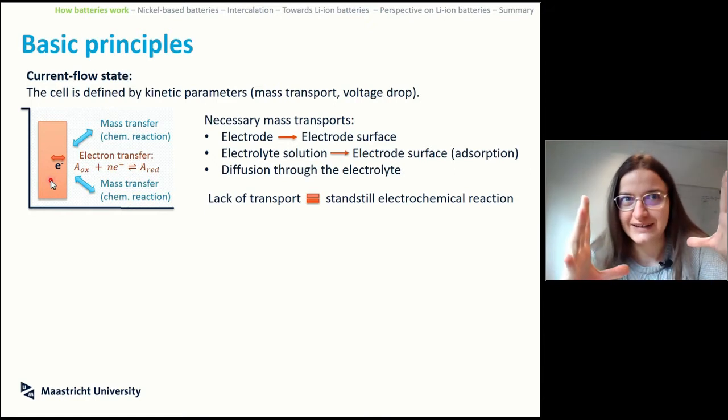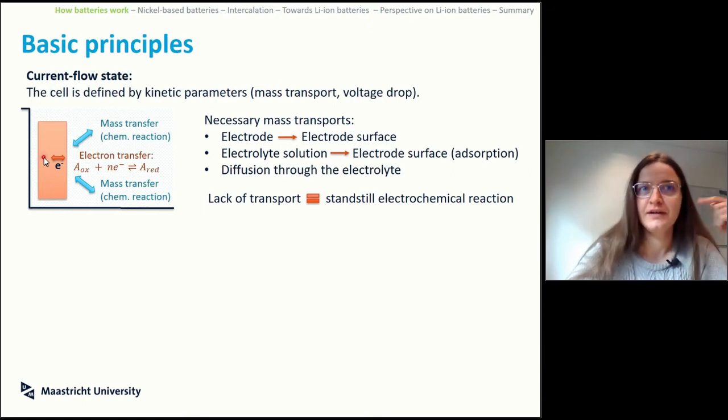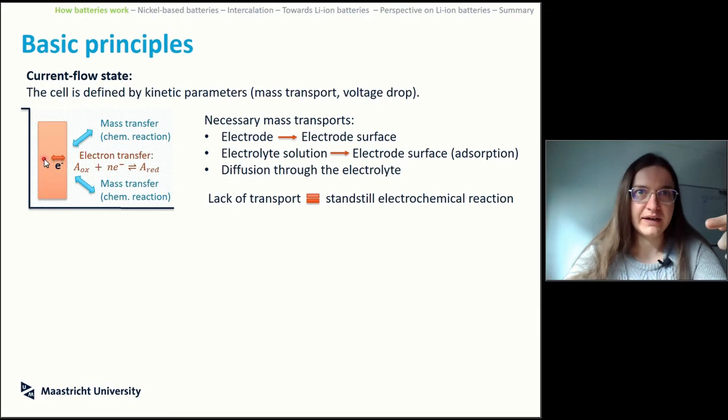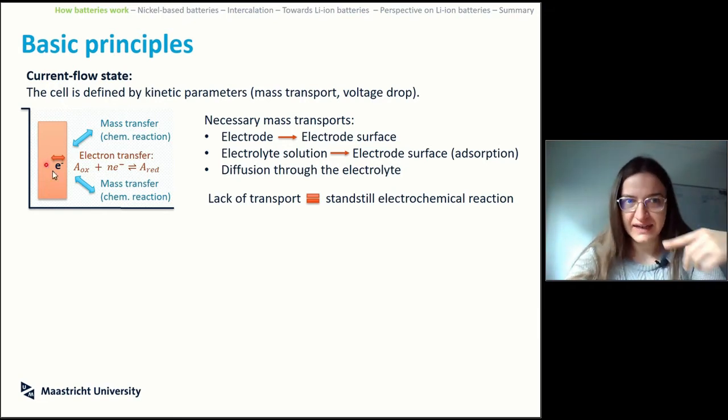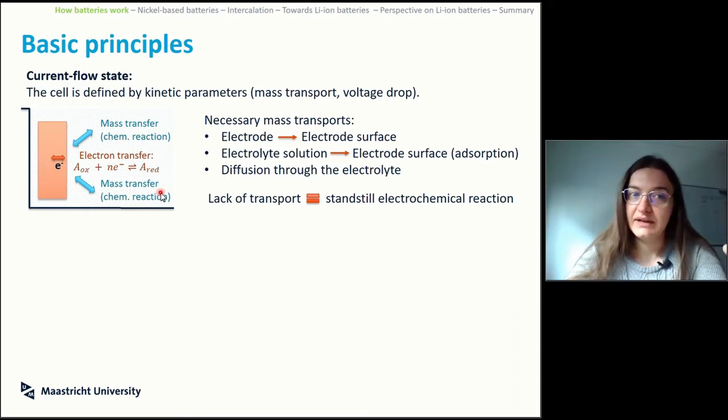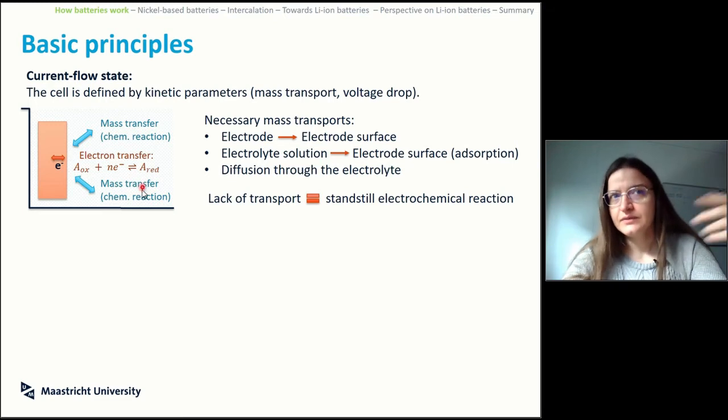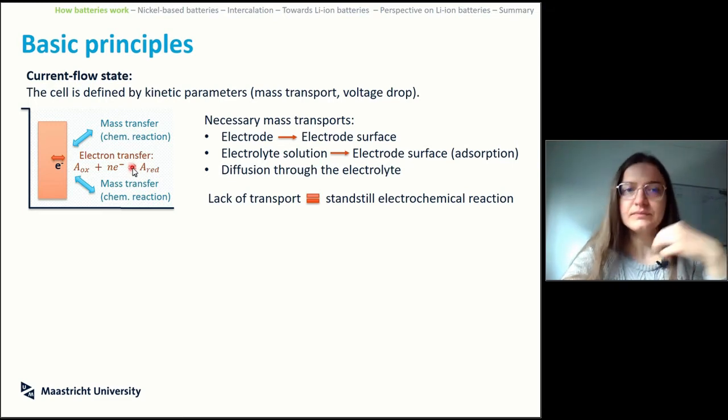electrode, a bulk electrolyte. So first of all, you need anything going from within the electrode to go to the surface. You need a mass transfer around the electrolyte going to the surface, and you need this electron transfer happening, and in this specific case you want it to give you a reduced version of your material by taking up an electron.